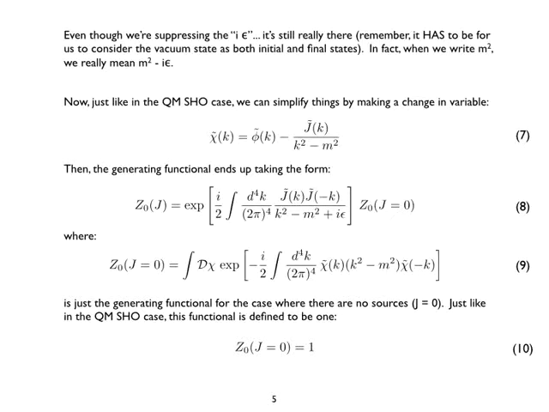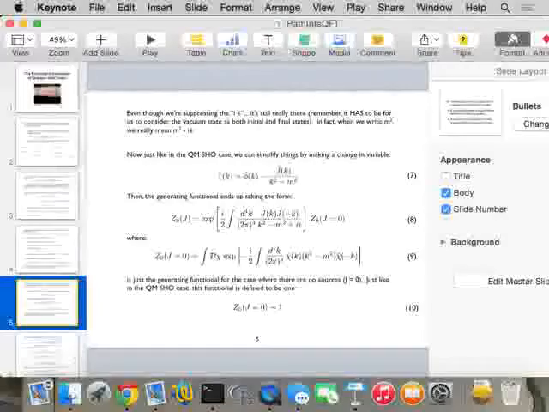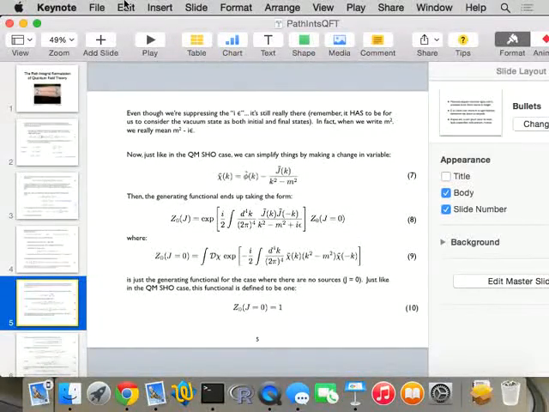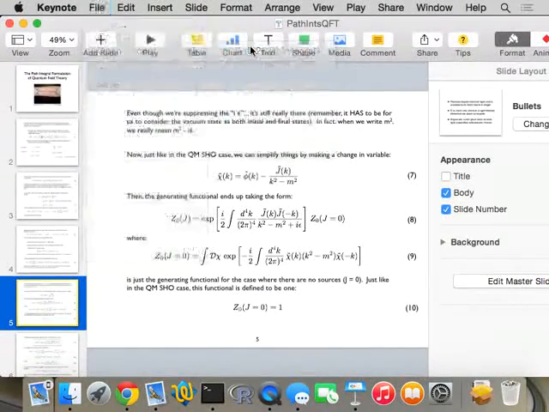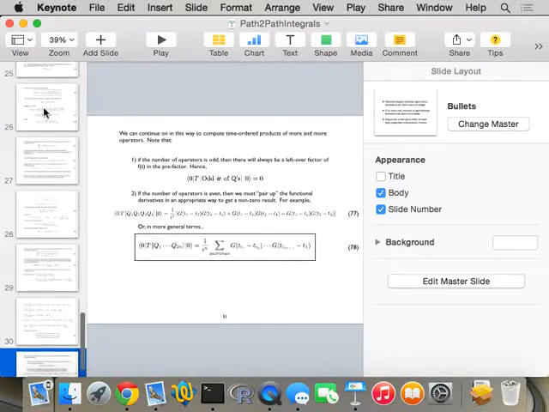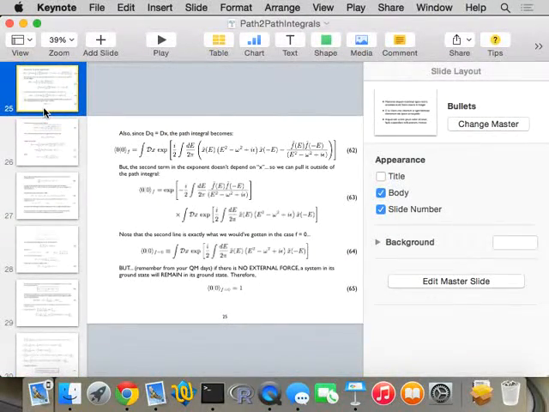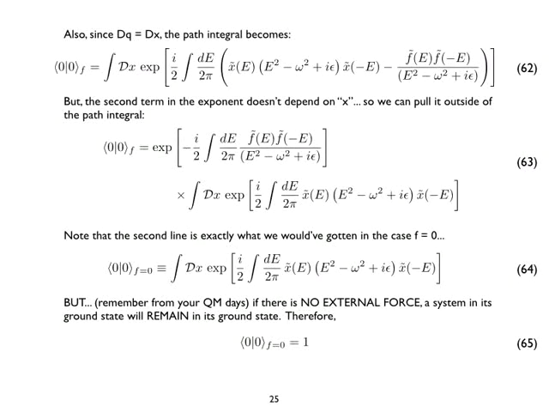Yes, no, maybe? Let me pull it up, because I'm skipping major steps here, and I want to make sure everybody's on the same page. This is where we got to. Remember this step in the harmonic oscillator? When we did this change of variables, we had a term that only depended on f twiddle and a term that only depended on x twiddle.